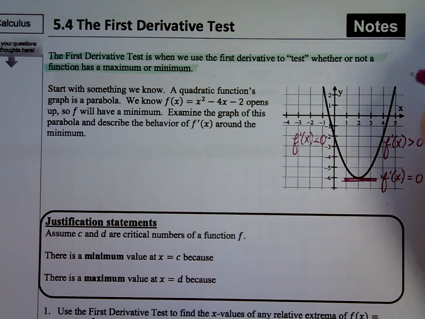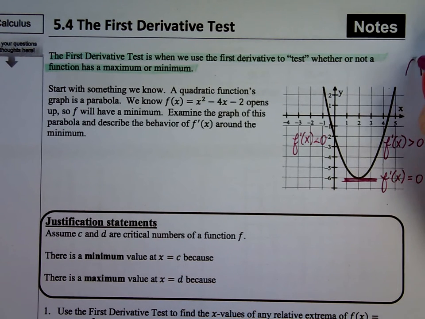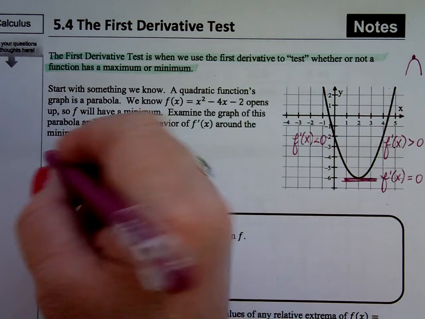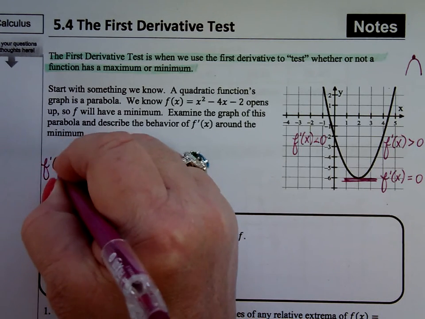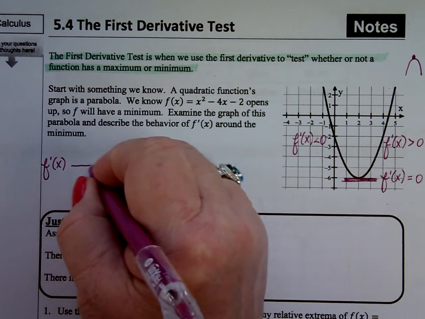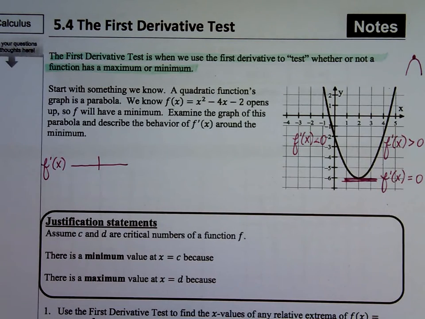And if I think of an unhappy parabola, something like this, where up here would be my spot that would have a derivative equal to 0, when it goes from increasing to decreasing, that creates a maximum. This is all coming off of looking at your first derivative. I'll give you the two scenarios you're going to have.